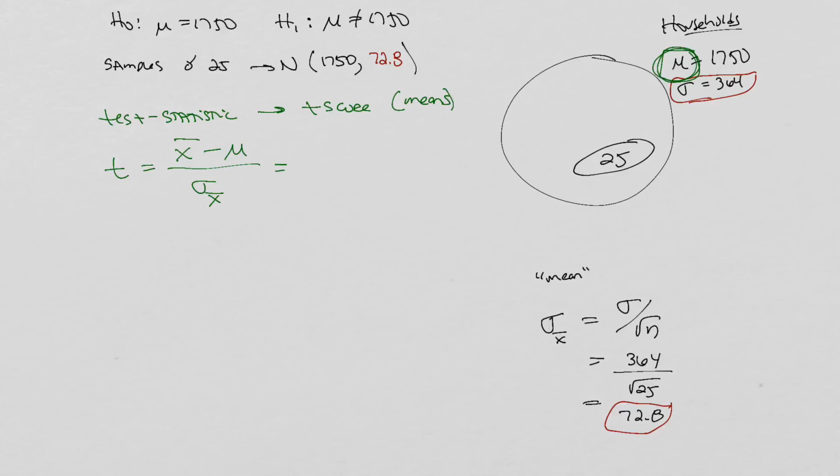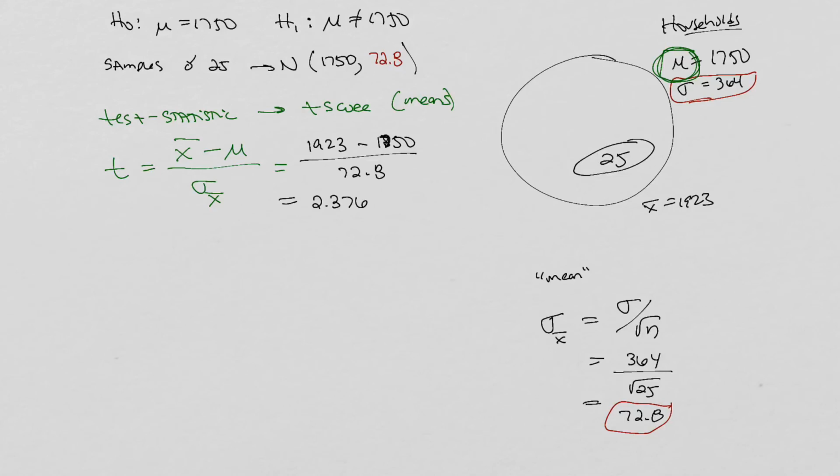The average from the sample was 1923. So this will be 1923 minus the claim, which is 1750, over the standard deviation of the sample, which is 72.8.